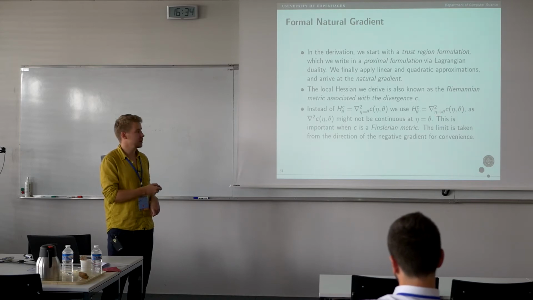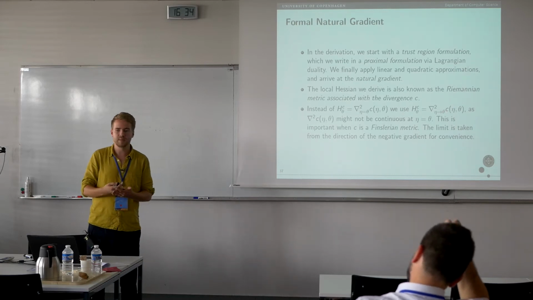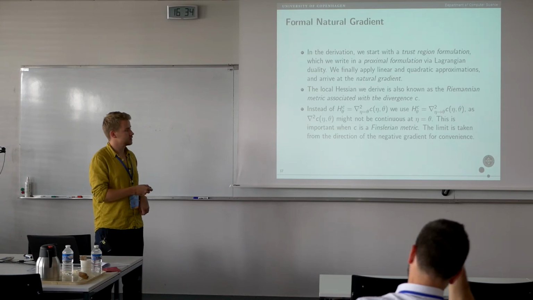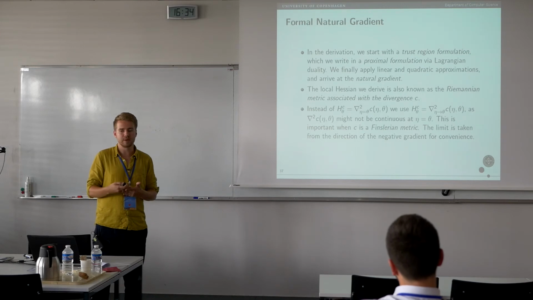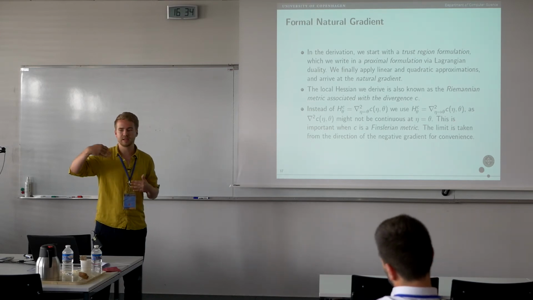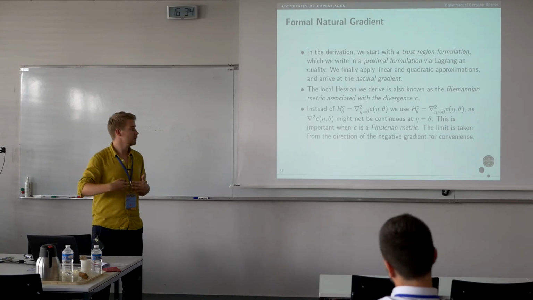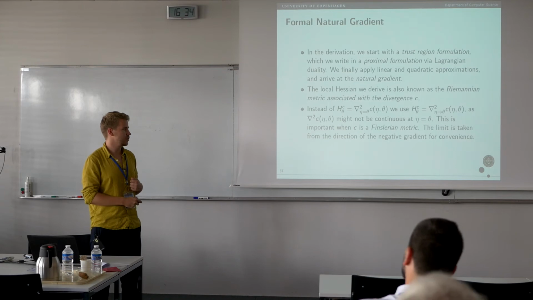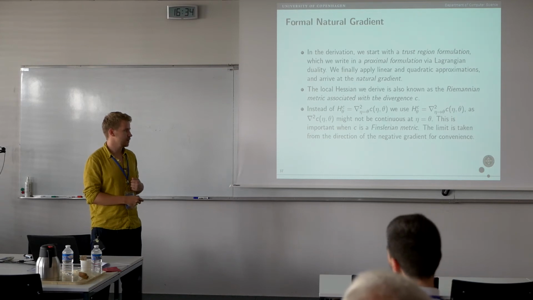In the Riemannian case, where C is some distance function induced by a Riemannian metric, we don't have to worry about anything here. But if this similarity measure is, for example, a distance induced by a Finsler metric, then this won't be continuous and we have to take a limit from some direction. And then just for convenience's sake, we're going to take the direction from the negative gradient.